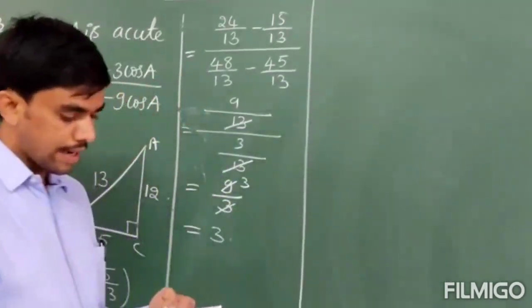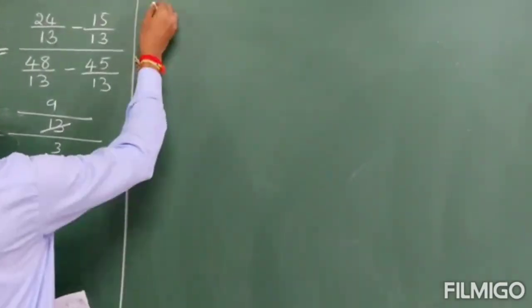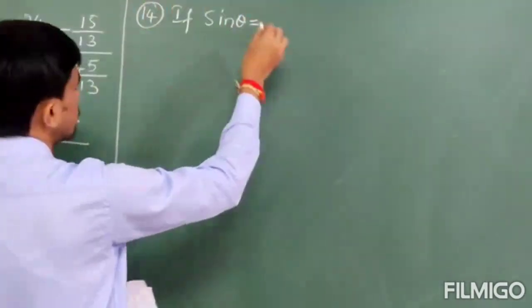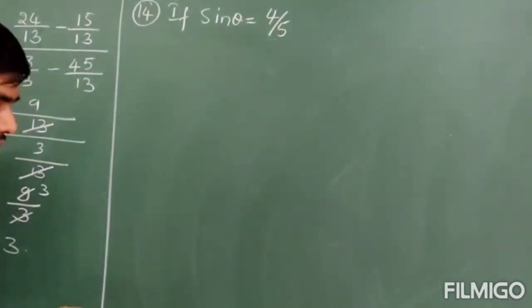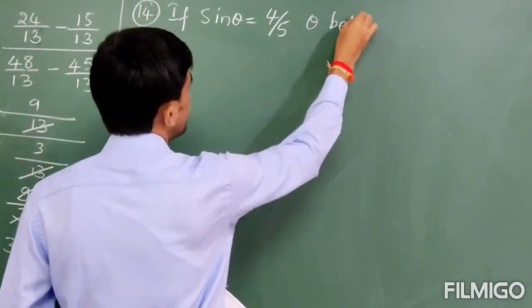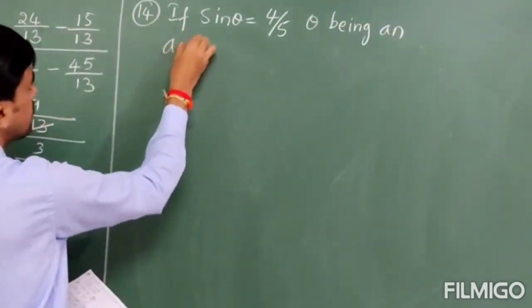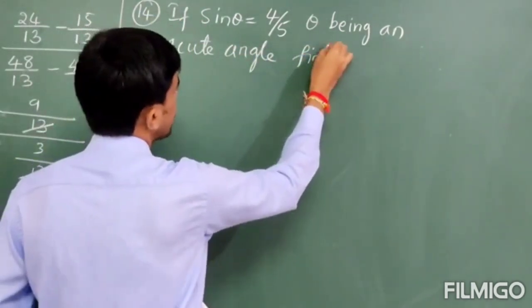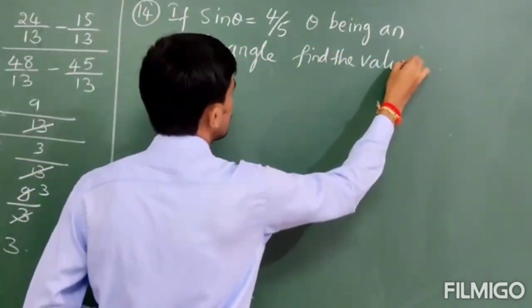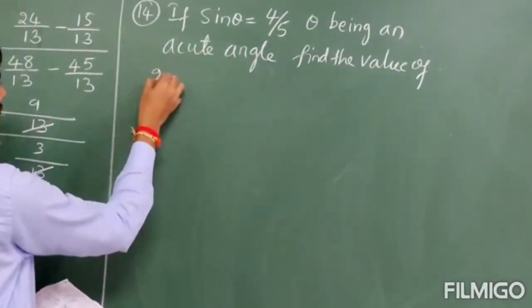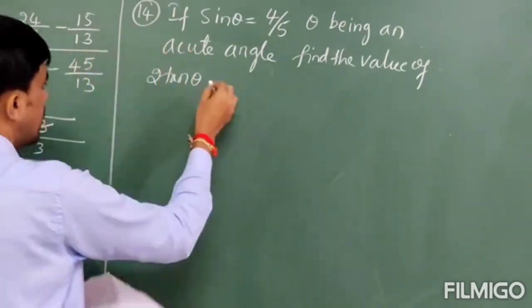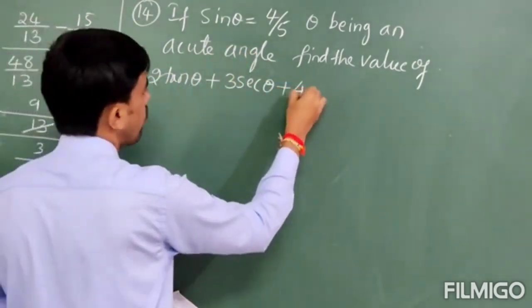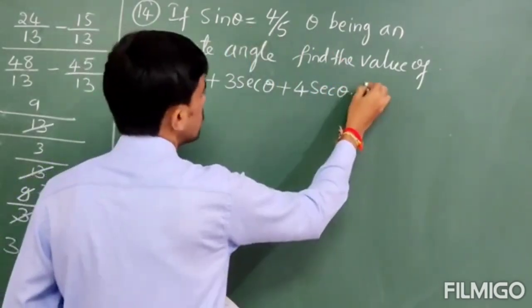So next problem, problem number 14. If sin theta is equal to 4 by 5, theta being an acute angle, find the value of 2 tan theta plus 3 secant theta plus 4 secant theta into cosecant theta.